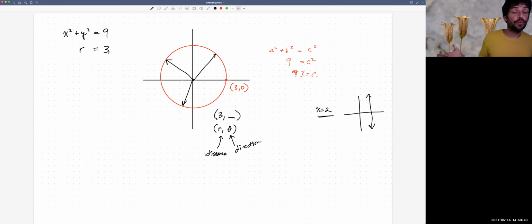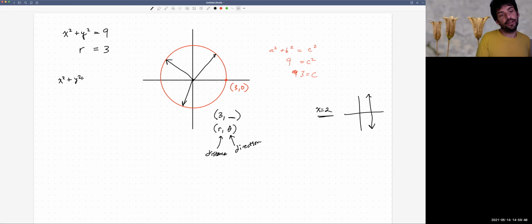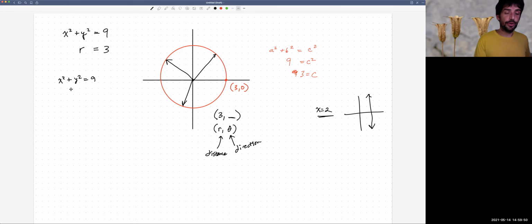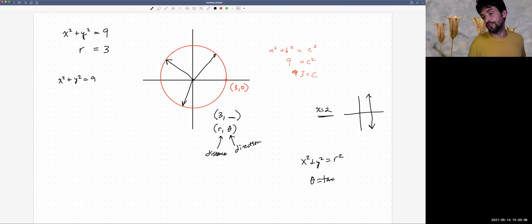Okay? So we reasoned our way into that, but we can also think of x squared plus y squared equals 9. How do we convert, if we're given some rectangular coordinates and we want to convert to polar, remember we have the relationship x squared plus y squared equals r squared. We also have that theta equals tangent inverse of y over x.